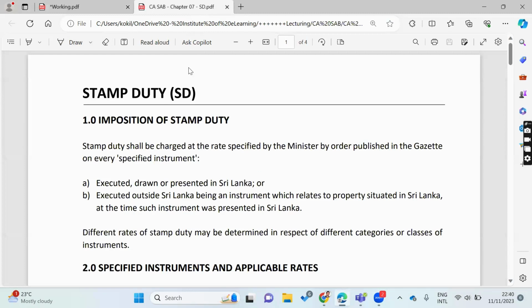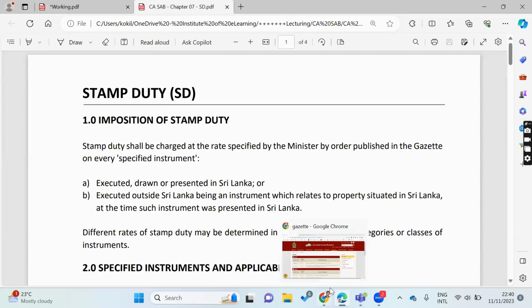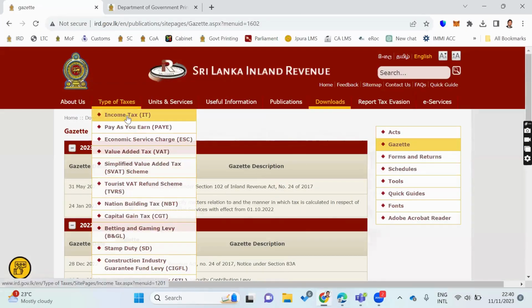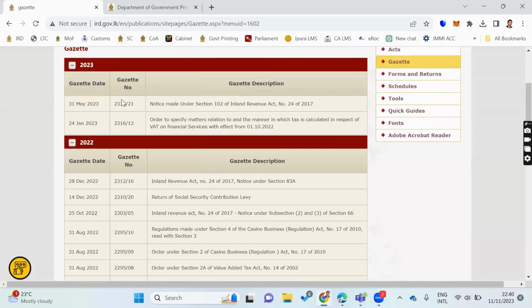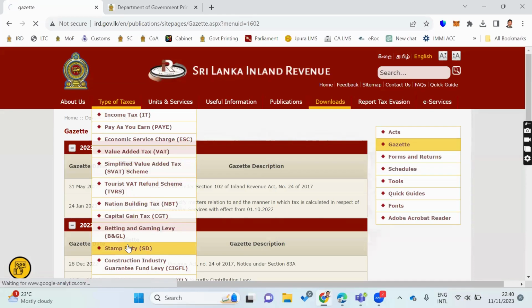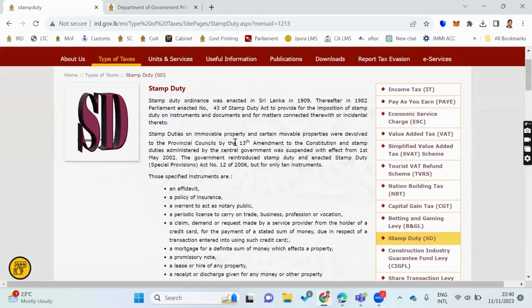So first of all, what is the applicable act? The Stamp Duty Act is a separate act. The Stamp Duty Act number 12 of 2006, as I can remember. Let me share that one as well. Here, it was initially enacted in 1909, and thereafter subsequent amendments went up, right?